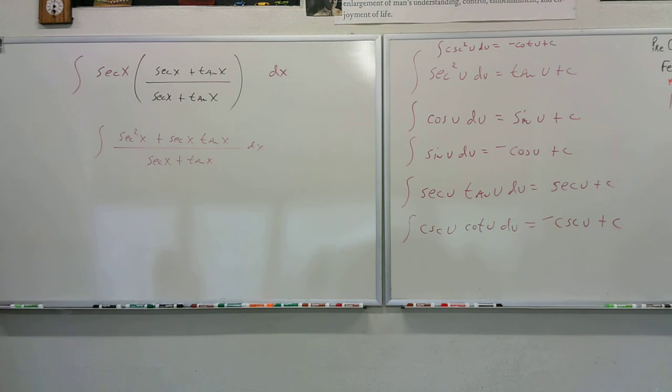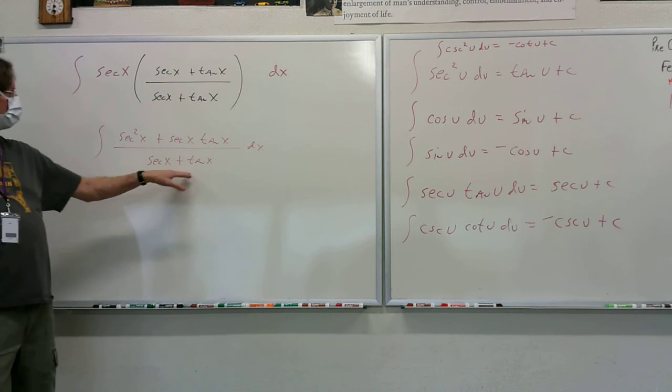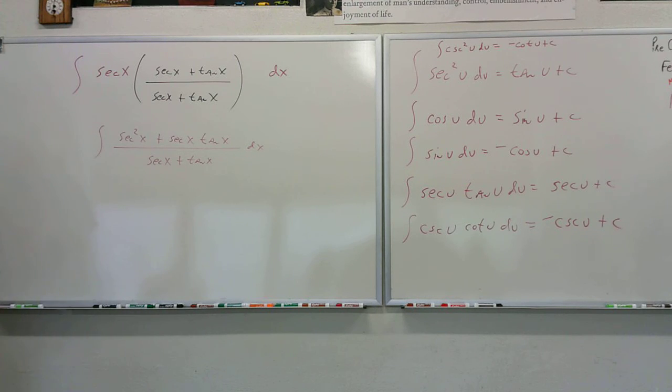I want everyone in here to take the derivative. Write down on your paper u equals secant x plus tangent x and take the derivative of it. If you can't take the derivative of that, when you take Calc 1 next year, you're going to have a bad day.